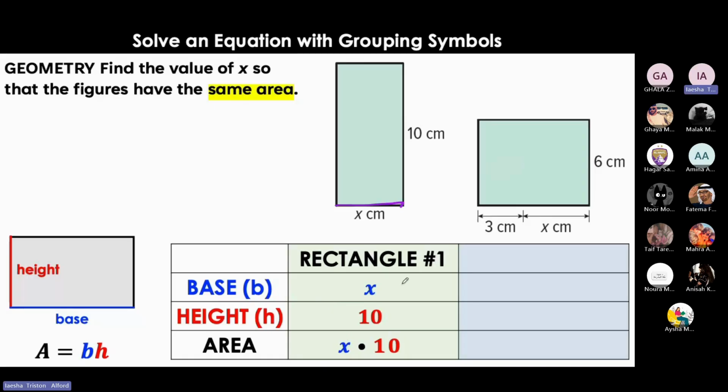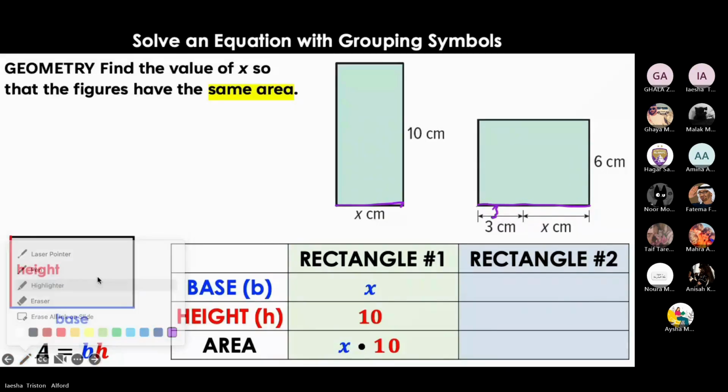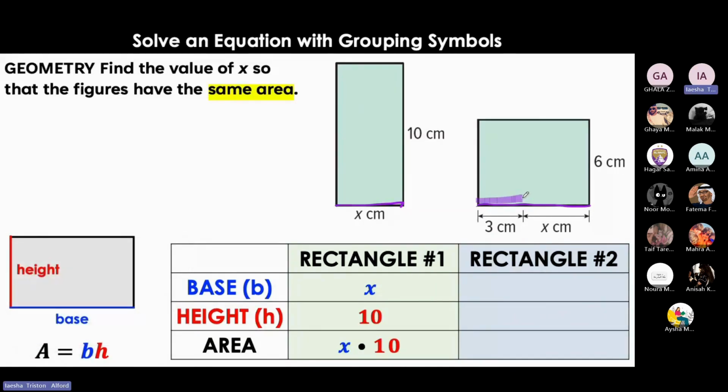Then we have the next shape. It's a rectangle as well. For this one, a little bit tricky. We want to know the base. This part is 3.